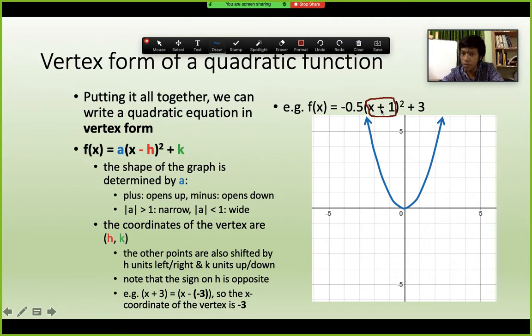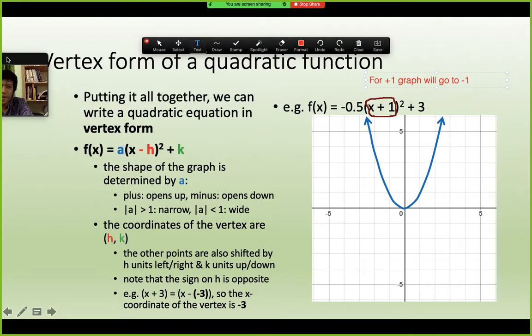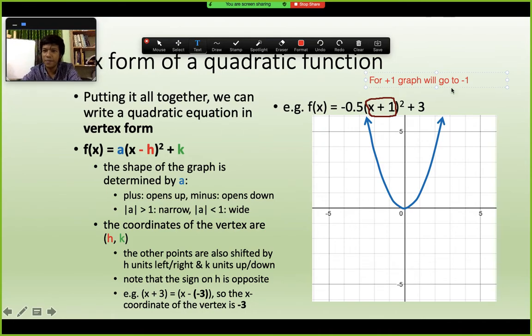And if it is plus 1, we know that the rule is the graph will go to the minus 1. By graph I mean the vertex of the graph, okay? Vertex of the graph, minus 1.